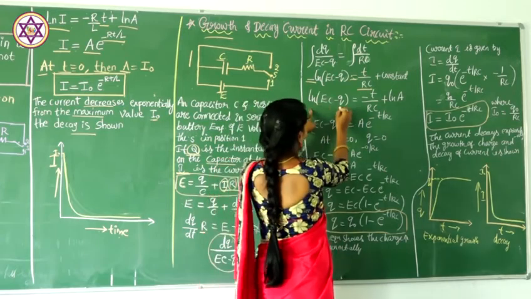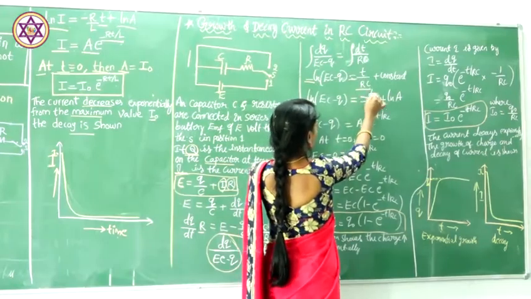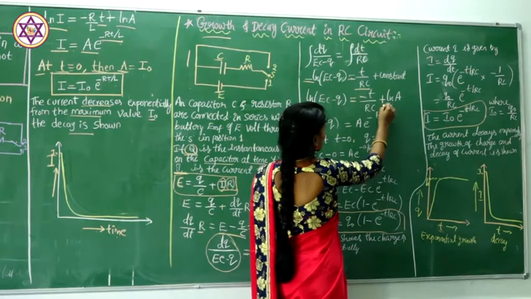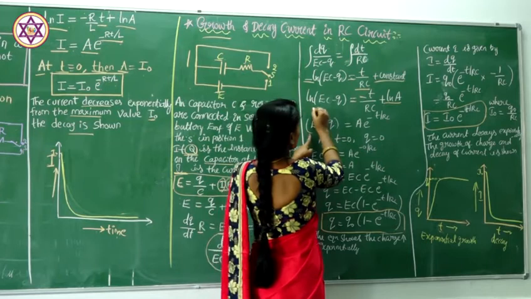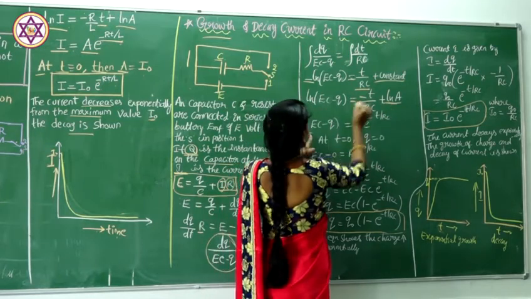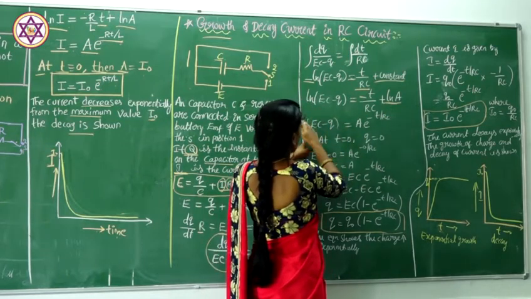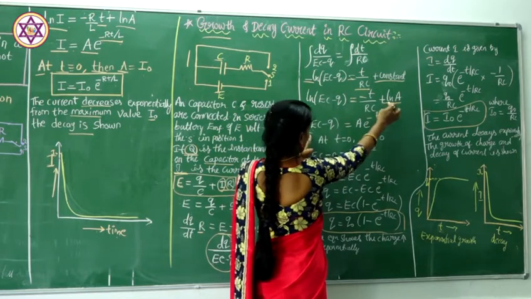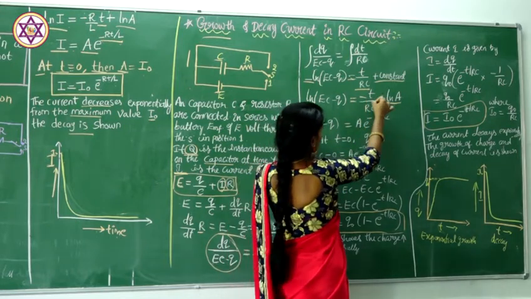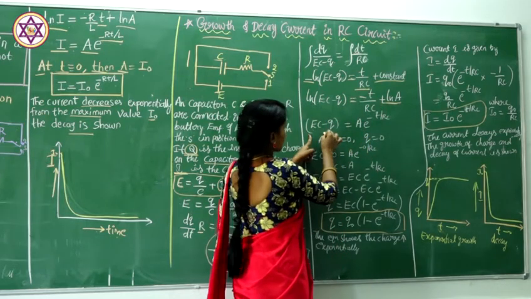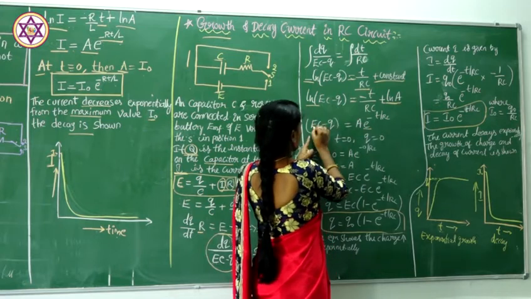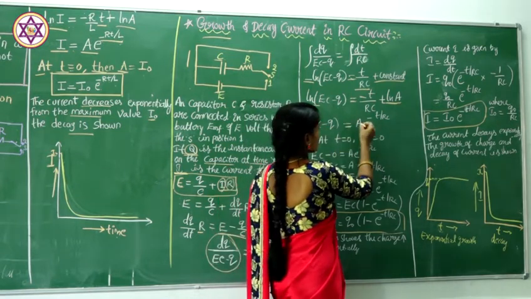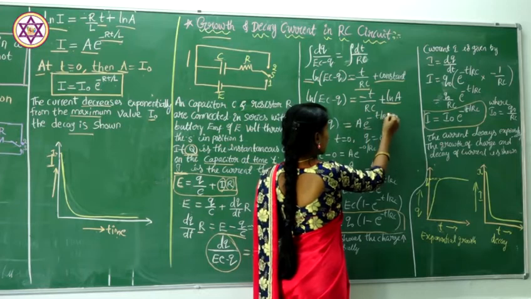So, ln(EC minus q) equals negative t by RC plus ln A, where the constant we write as ln A. Taking the ln to one side, ln of (EC minus q) by A equals minus t by RC, which converts into exponential form. So, EC minus q equals A times e to the power of minus t by RC.